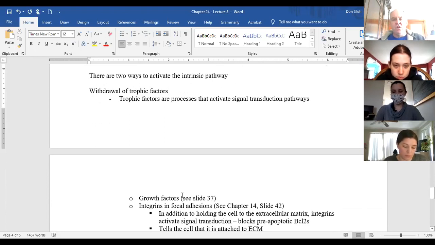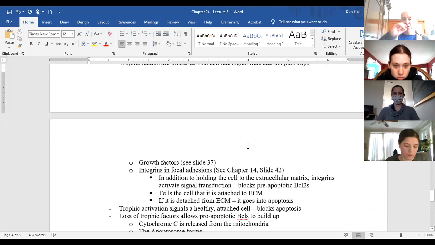So if a growth factor comes, it will activate signal transduction, and like what we saw with BAD, that signal transduction phosphorylates your pro-apoptotic BCL2s and turns them off. So as long as you're in a situation where you've got some kind of communication going on, you're going to be turning off those pro-apoptotic BCL2s.